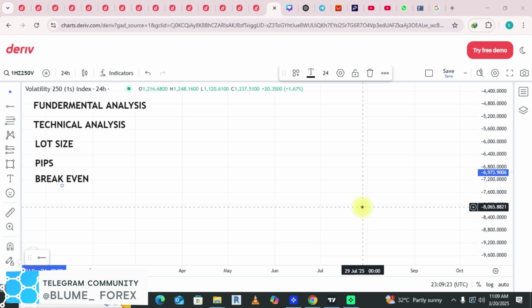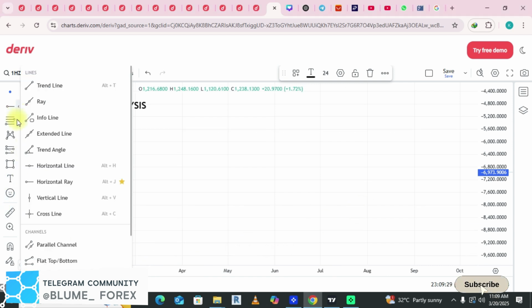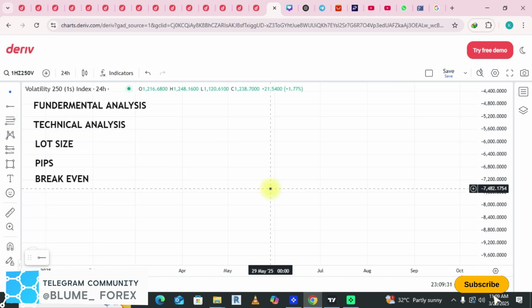Now with technical analysis, you analyze the chart with certain tools, and these tools can be found on the chart, and then certain strategies. With technical analysis, you start drawing lines on the chart to check trends, support and resistance, supply and demand, and other concepts used to analyze the chart.